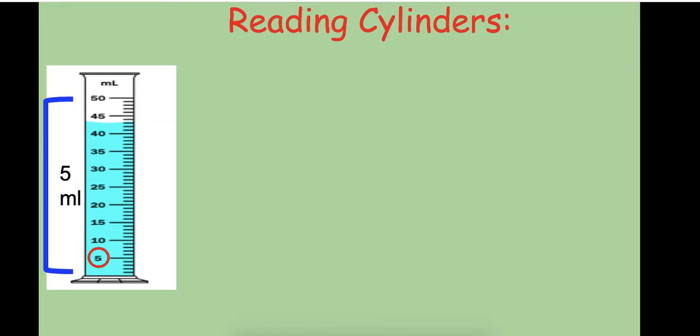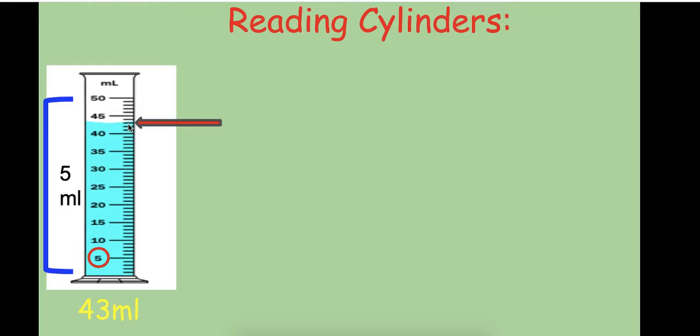And then we check at the line, and also the meniscus is the curve of where the water sits. So you can see it's slightly curved. So we've got to look at it very nicely. So we look here, here's 40, and then we count 41, 42, 43. So I'm going to say that there's 43 mils of liquid in that cylinder.